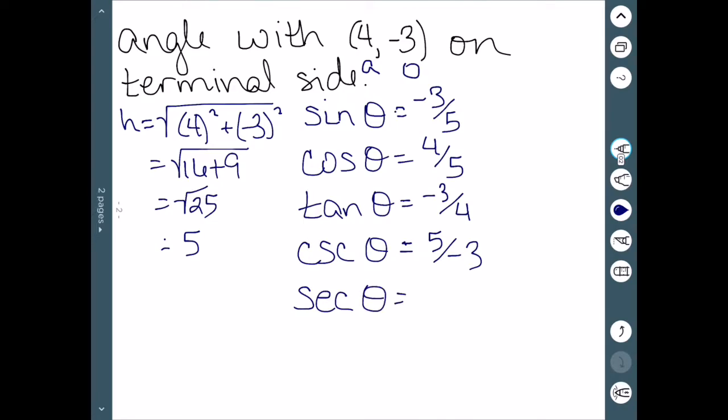Secant of theta is hypotenuse over adjacent. And then finally, cotangent of theta is adjacent over opposite. So now we have all 6 of our trig functions. And the main difference between this and what we've been doing is now you'll see that negative values are possible in this case.